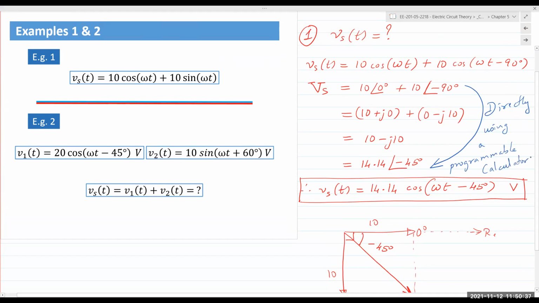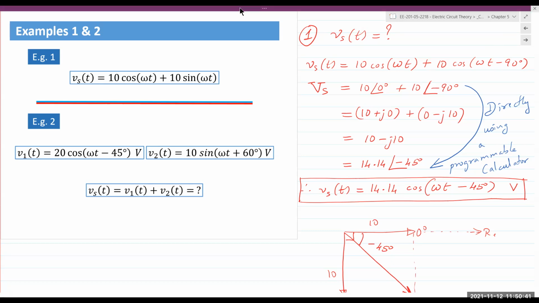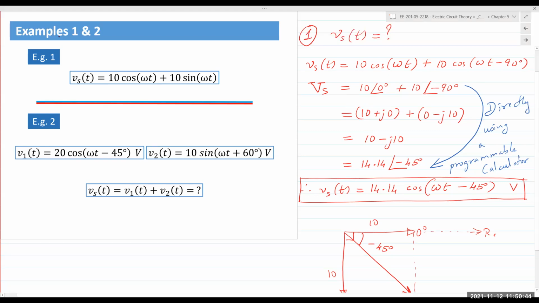You don't have to jump through all of the other hoops. Example 2, designed as student practice because you solve it the exact same way, no difference whatsoever.